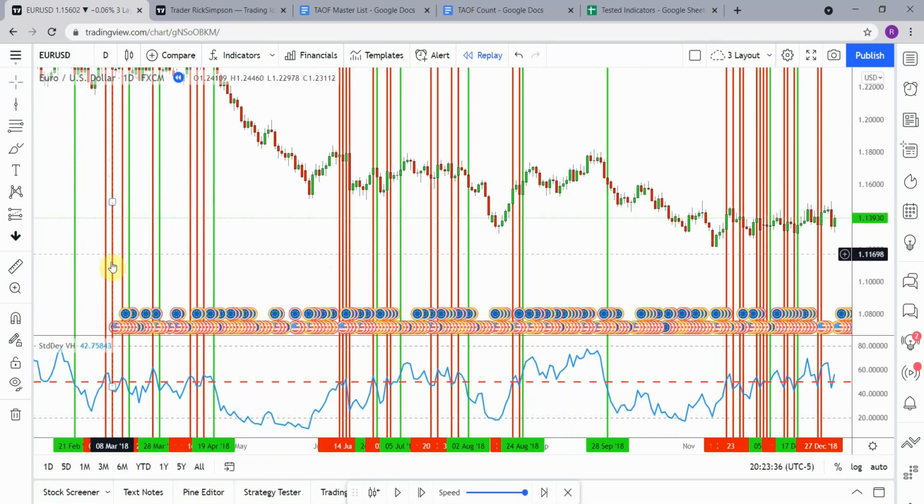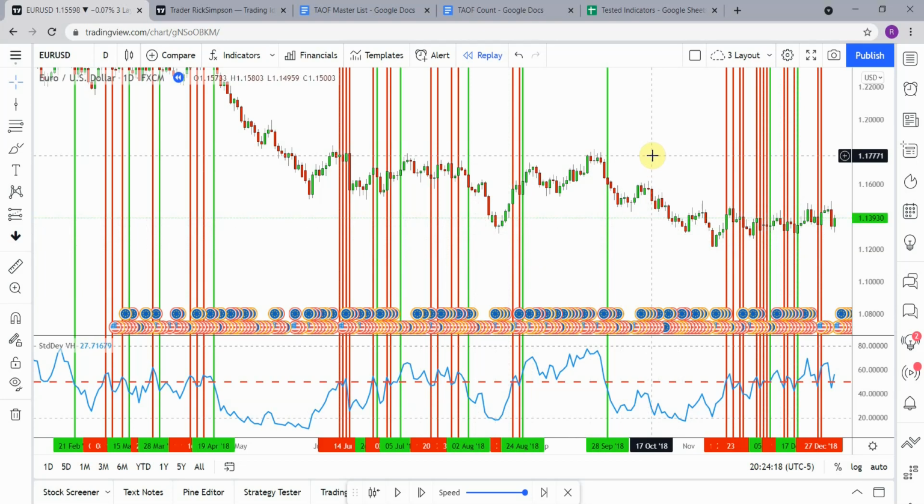We have 44 trades all together, and we have 11 winning trades.